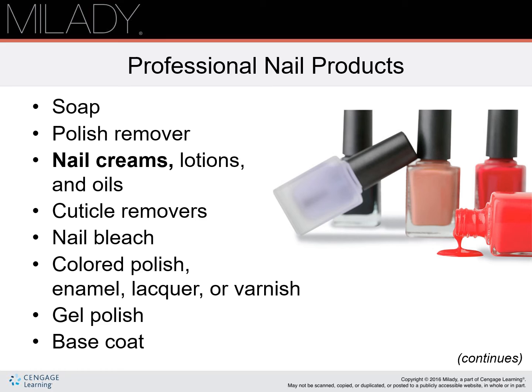Nail creams, lotions, and oils. These are designed to soften dry skin around the nail plate and increase the flexibility of natural nails. They are also designed to seal the surface and hold in moisture. Typically, oils have a longer lasting effect than creams.